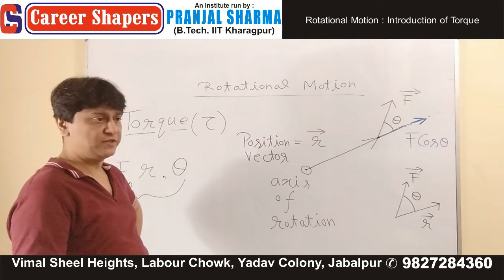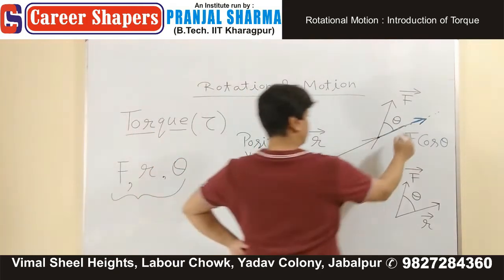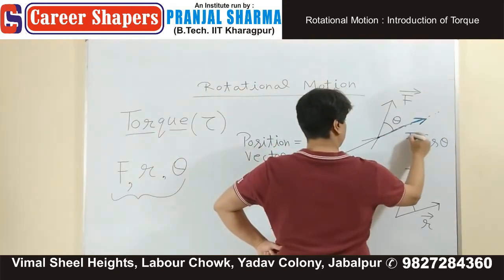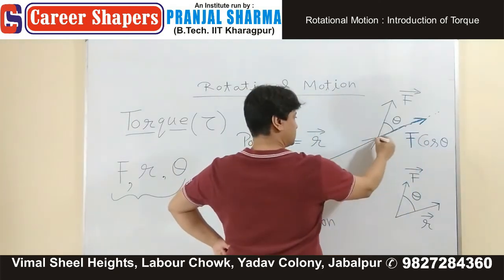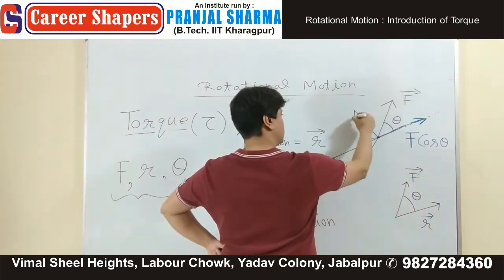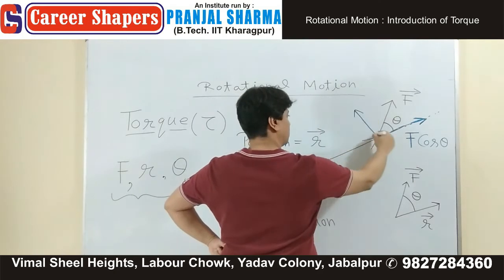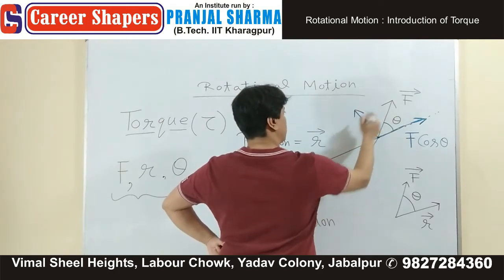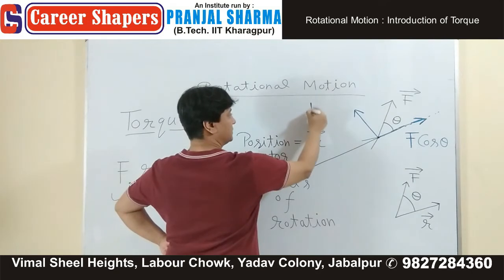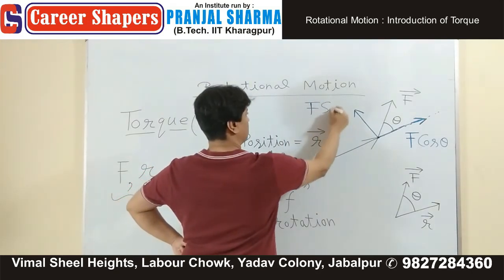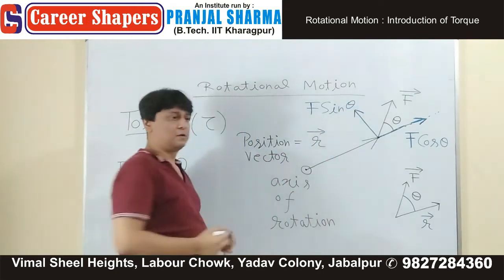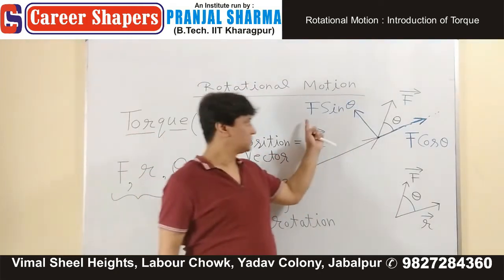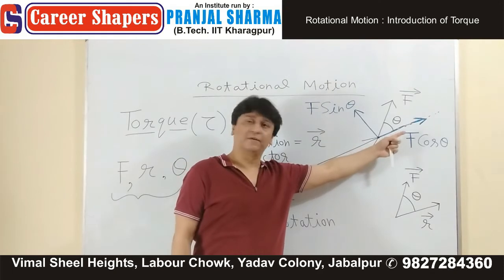I hope you can see this thing. This is F cos theta. This component is F sin theta. This is written F sine theta and this is F cos theta.